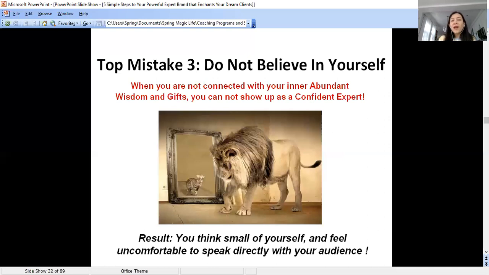So when you're not connected with your inner abundant wisdom and gifts, you cannot show up as a confident expert. Here you can see in this picture, the lion looks at himself in the mirror. He found a little cat. That's some of us, right? Sometimes we are great. Like we said, we're unique.